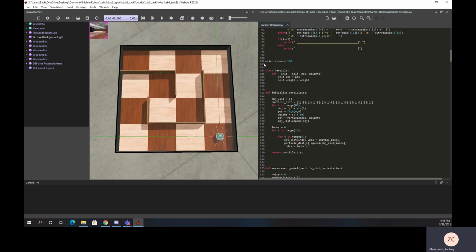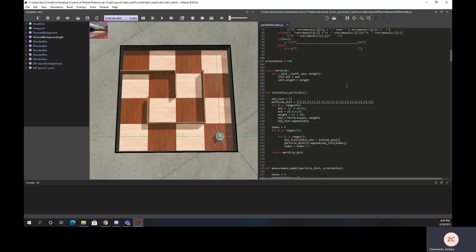This orientation just keeps track of the current angle that we're facing. Since I'm going to be turning based on time when we do our turns, I'm just going to approximate and change this angle by 90 degrees each time.